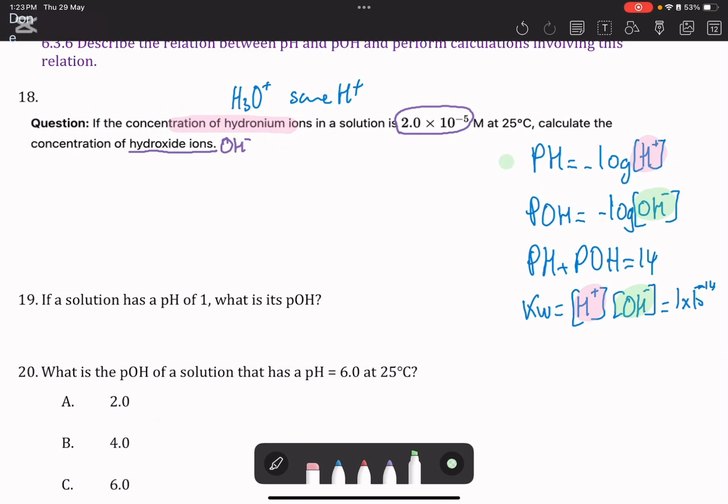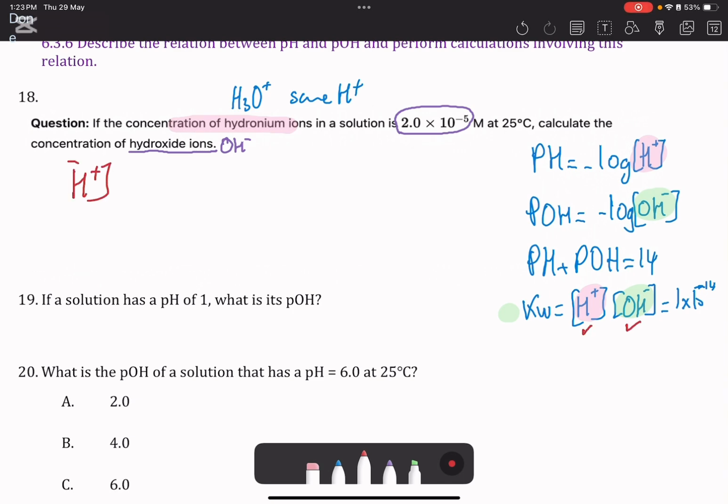I cannot use the first formula or the second formula, because it's not related to pH. They're not asking about pH and pOH. So in this case, I need to use the Kw, where one concentration is given and one is the variable.